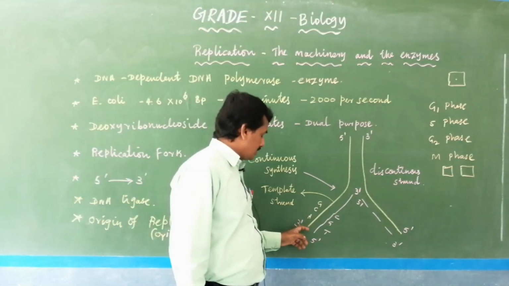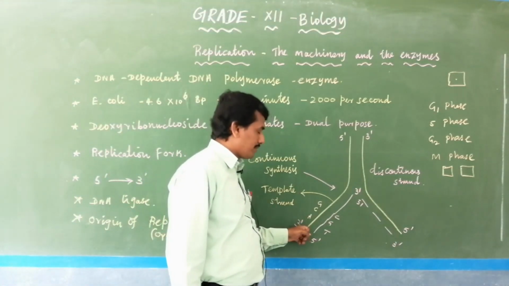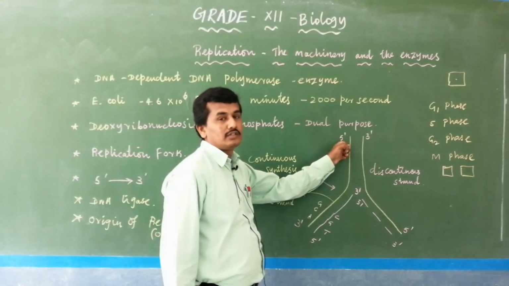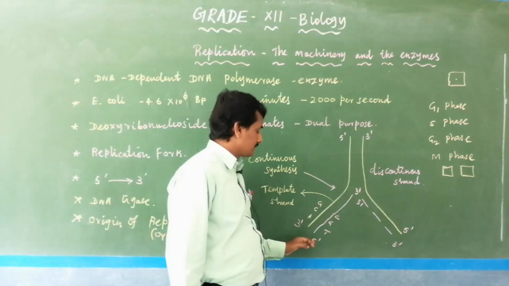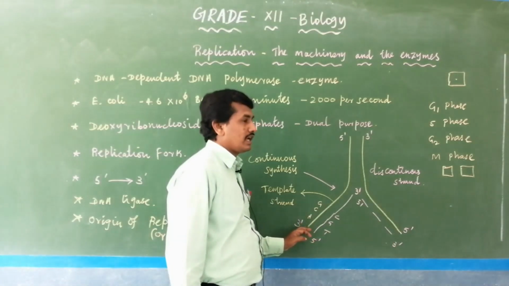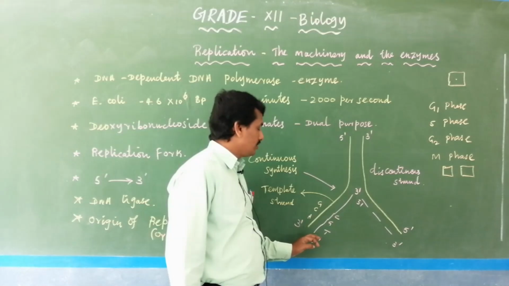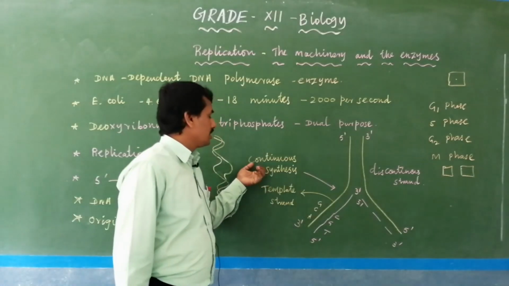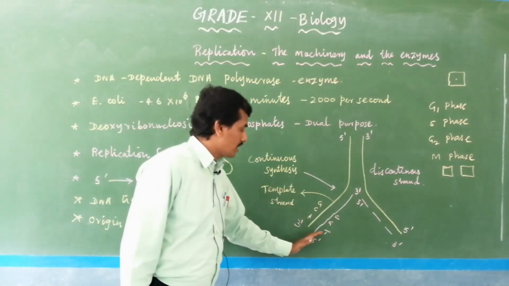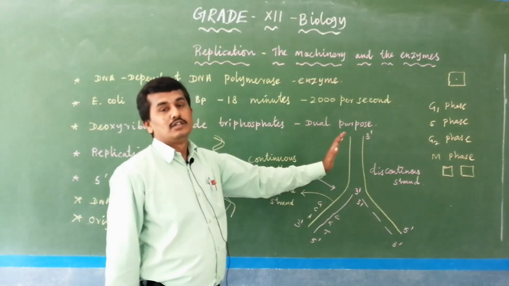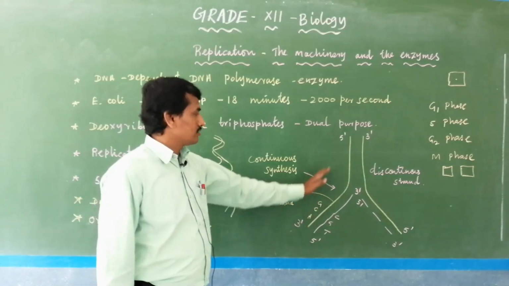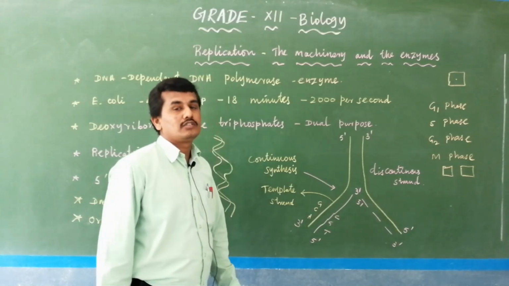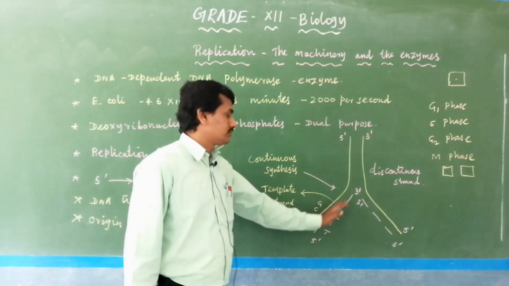This is the template strand. The template strand of 3' to 5' acts as the template, and from it the newly synthesized DNA is formed continuously. This is the continuous synthesis, the continuous strand.